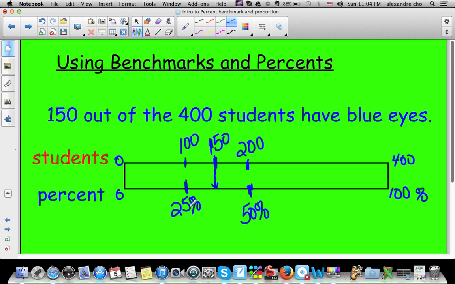So what's halfway between 25 and 50? To go from 25 to 50 is 25 steps, obviously, and 25 divided by 2 is 12 and a half. So this right here would be 12 and a half, and this right here would be 12 and a half. So 25 plus 12 and a half makes this 37.5%.